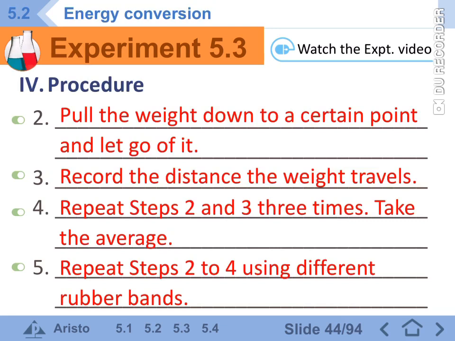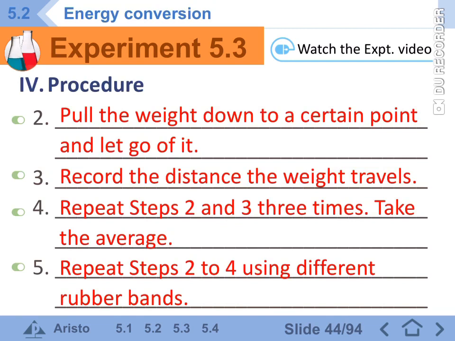In number 2, you pull the weight down to a certain point and let go of it. Then number 3, you record the distance the weight travels. And number 4, repeat steps 2 and 3 three times and take the average. Then repeat steps 2 to 4 using different rubber bands.